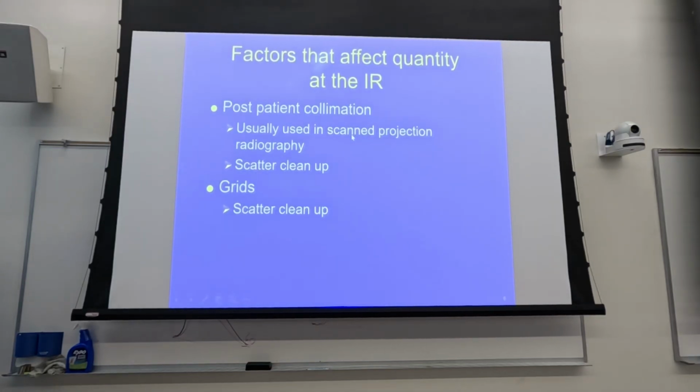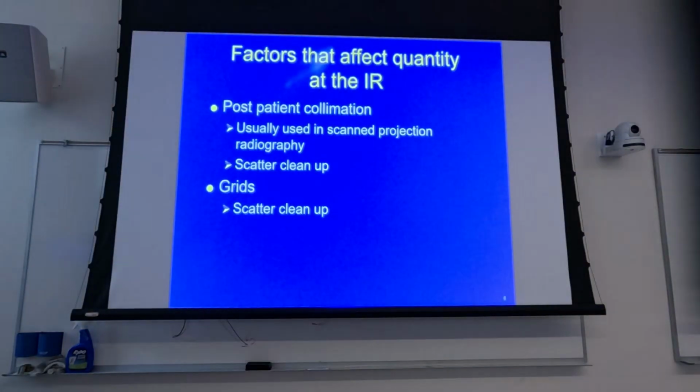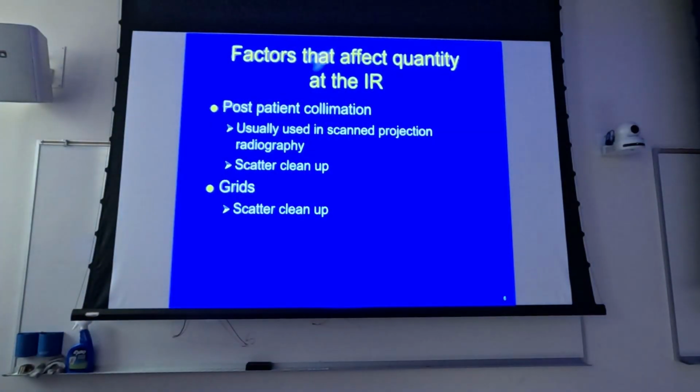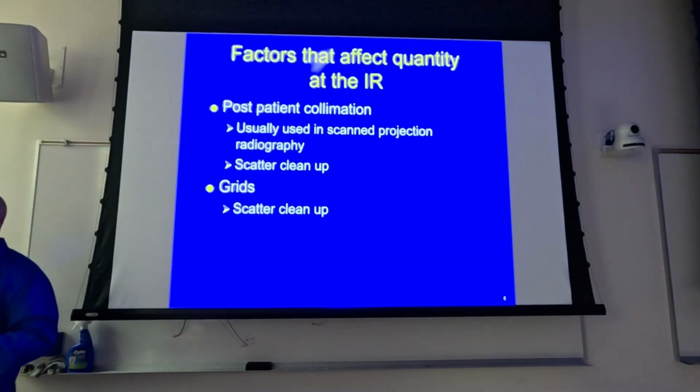We used to have, and I don't know if they still do or not, dedicated chest units that were referred to as scan projection radiography. It was kind of like a single slot grid, and it used a fan beam that would scan the patient from side to side.